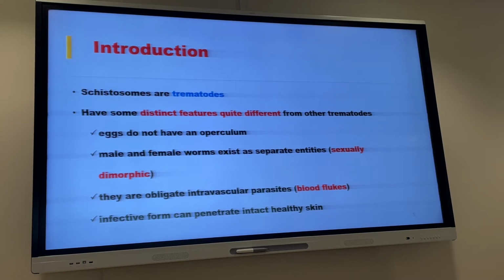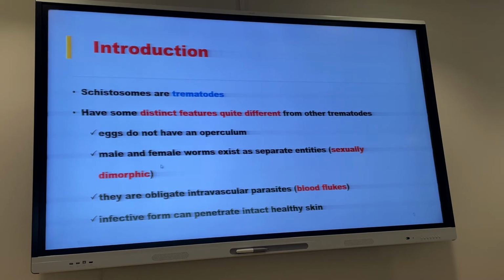As a result of these features of trematodes, schistosomes stand out because they have distinct features that make them different from the usual trematodes. First is the nature of the eggs. With schistosomes, the eggs have what we call spines.